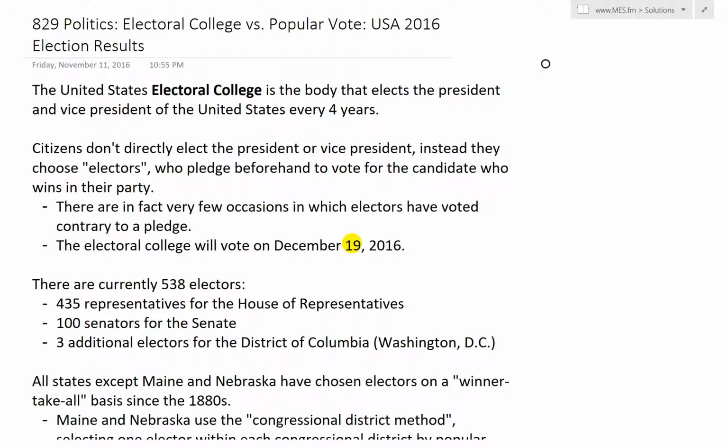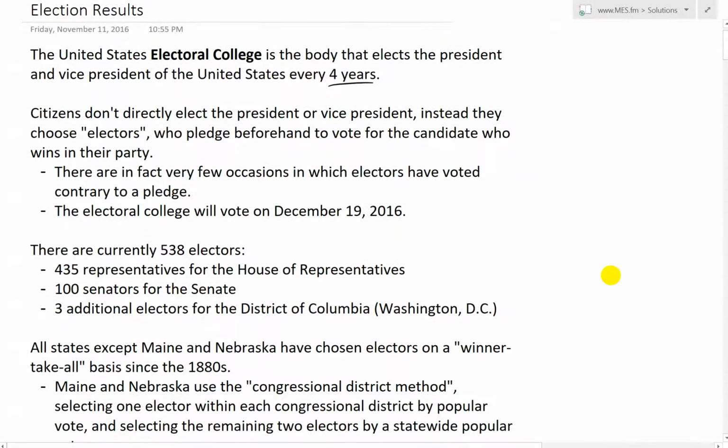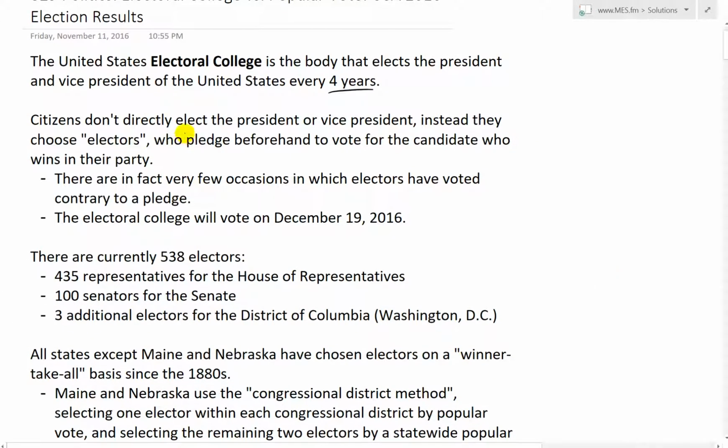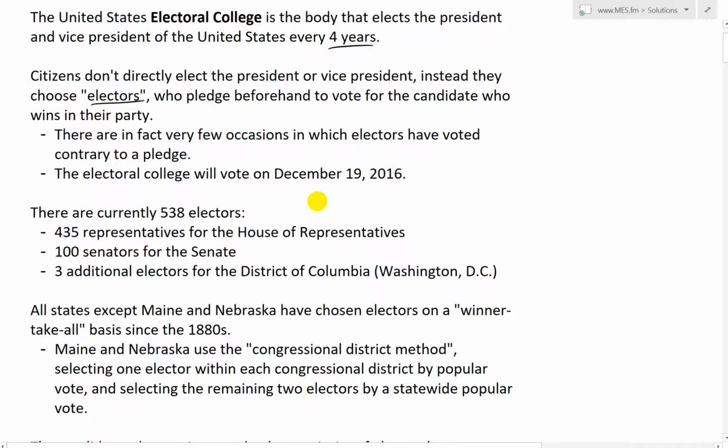Anyway, the United States Electoral College is the body that elects the president and vice president of the United States every 4 years. What's interesting is that citizens don't actually directly elect the president or vice president. Instead, they choose electors who pledge beforehand to vote for the candidate who wins in their party.